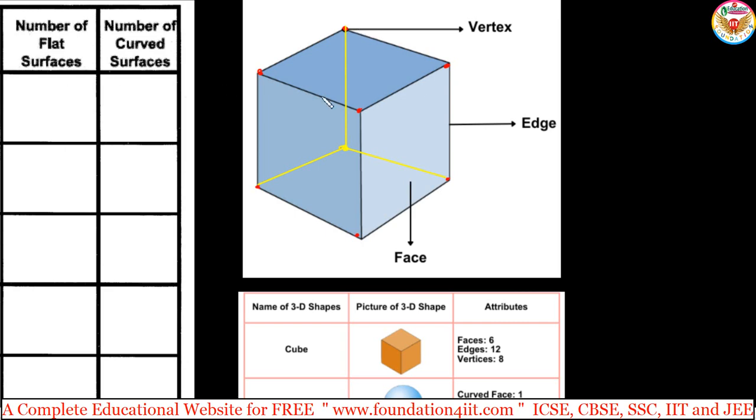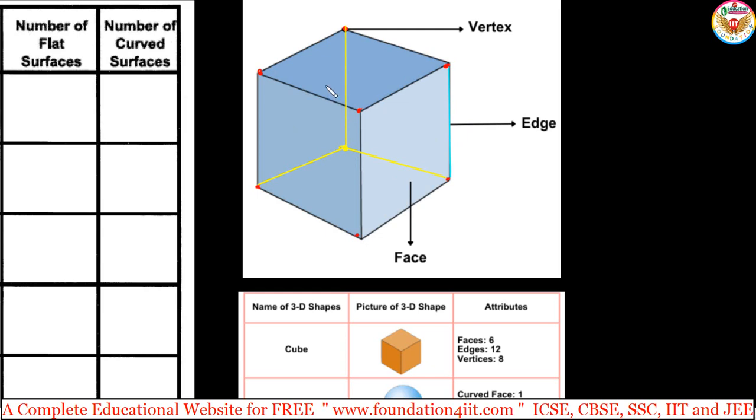Next, the edge is the line where two faces are joining. This complete line is the edge. The face is this complete area. We have 4 surrounding faces and top and bottom, so in total we have 6 faces.